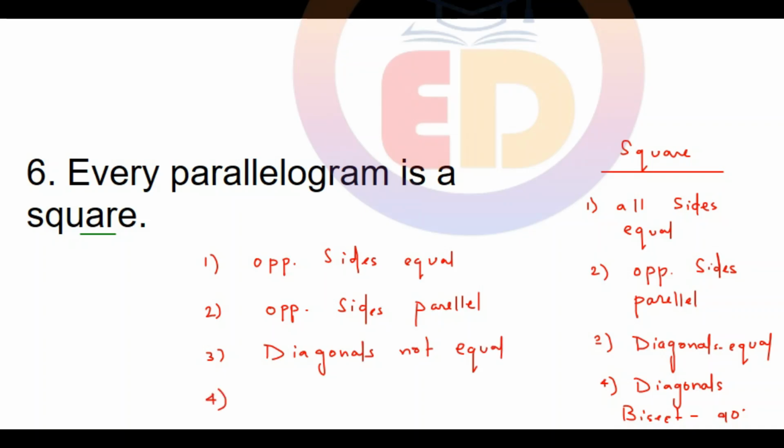Fourth condition, diagonals they bisect but not at 90 degree. Each angle is not 90 degree. So we see that many of the conditions of being a square are not fulfilled by parallelogram. So remember that parallelogram is not a square. However, reverse is true. Square is a parallelogram, but parallelogram is not a square.